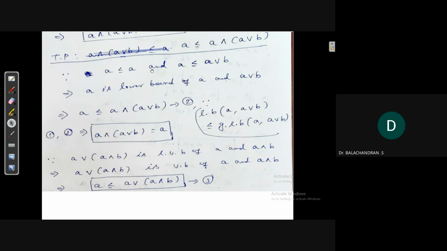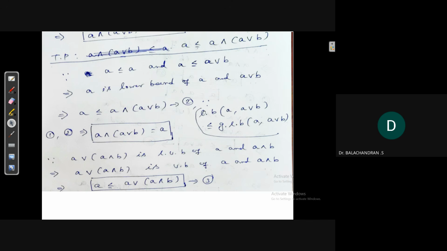Now from here to here, the left side A is a lower bound of the right side A and (A or B). Again, here we are dealing with the lower bound.